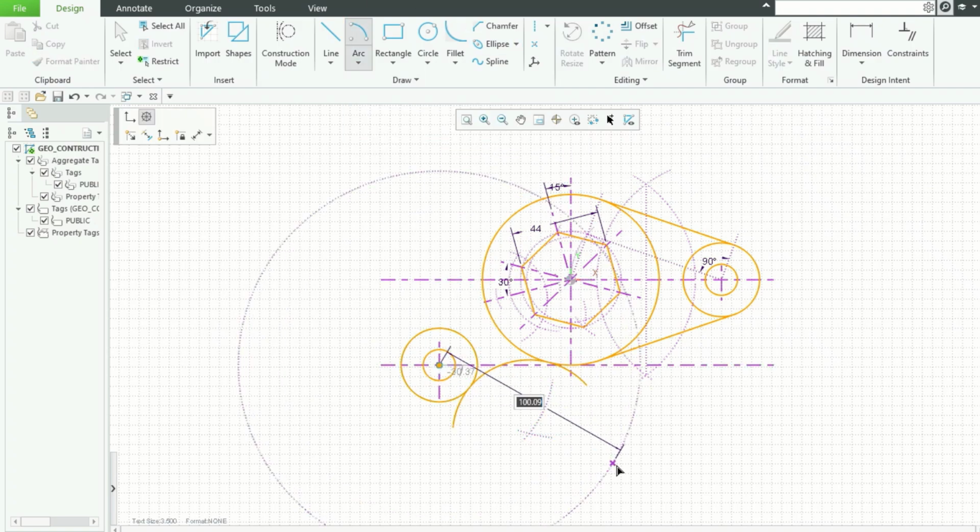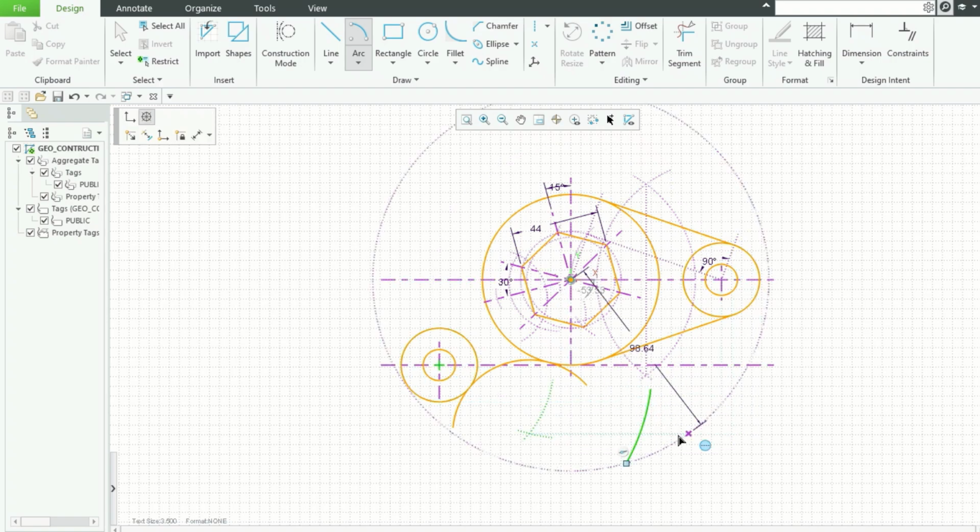And from here it's 125, so 125 minus 19 to find out the center. And here it's 125 minus 44.